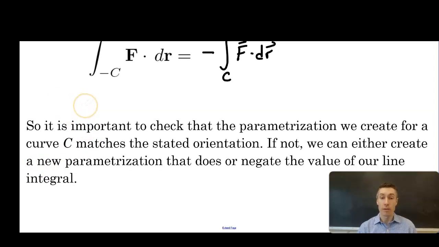If it doesn't, we have two options. Either define a new parameterization or stick with the one that we created if it's just in the wrong direction and then negate our line integral. And oftentimes that's the easier way to evaluate the problem because we already have a parameterization. If it's just going in the wrong direction, negate the line integral that we're evaluating.